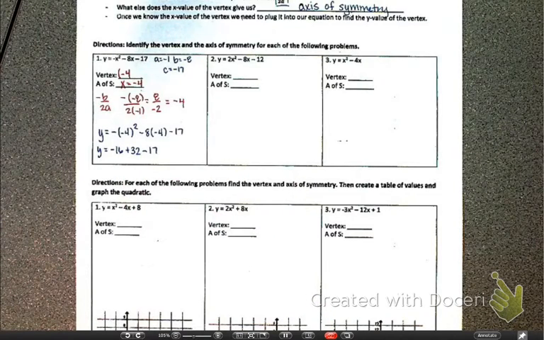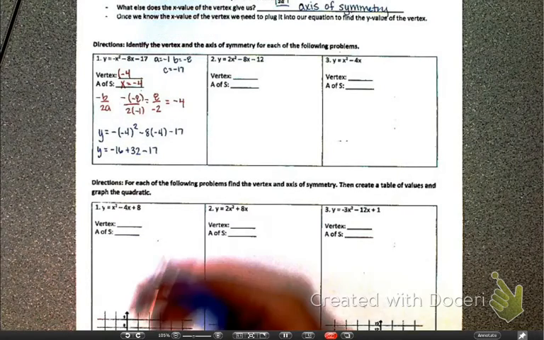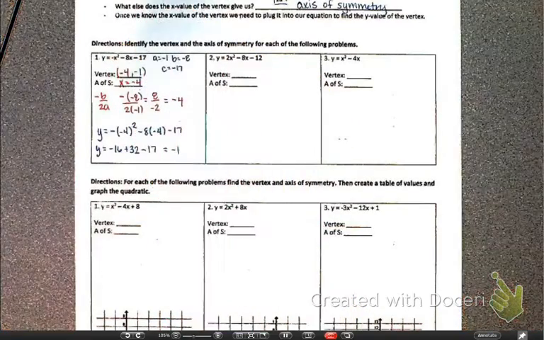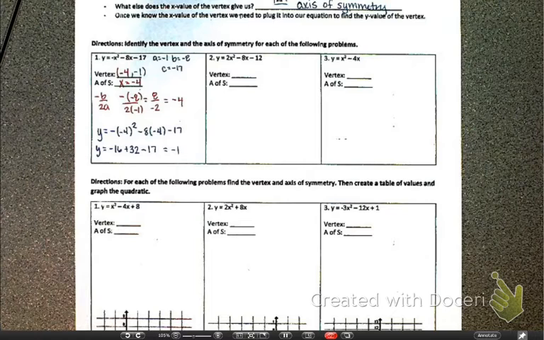So negative 16 plus 32 is 16, and 16 minus 17 is negative 1. So the y value of my vertex is negative 1. Again, if you mess up, it's going to be because of the positives and negatives. It's going to be your algebra.